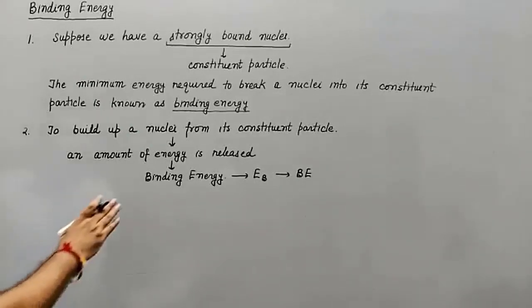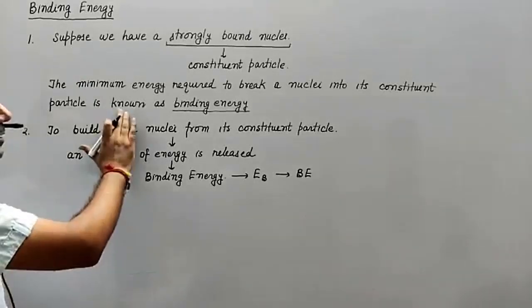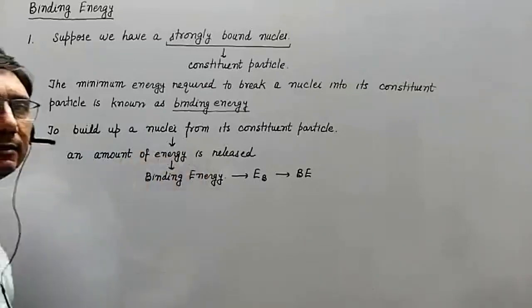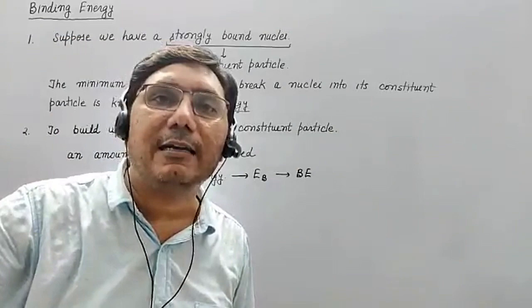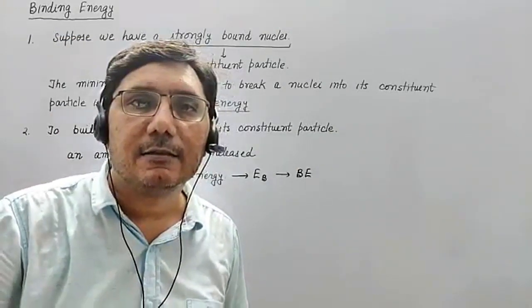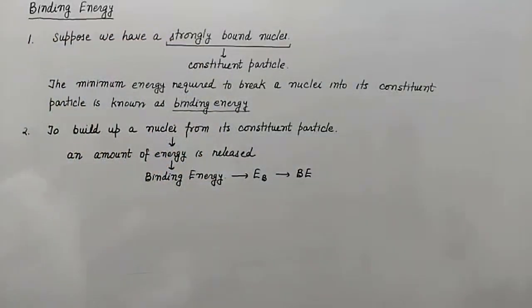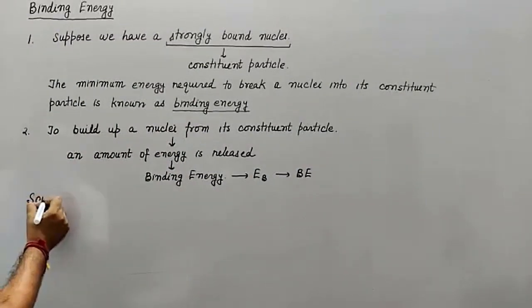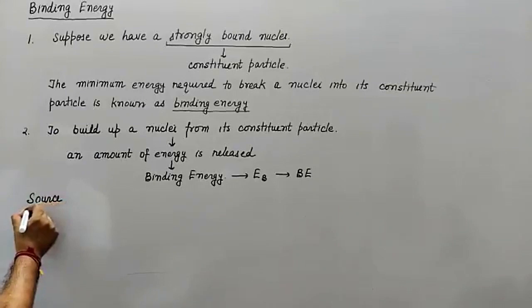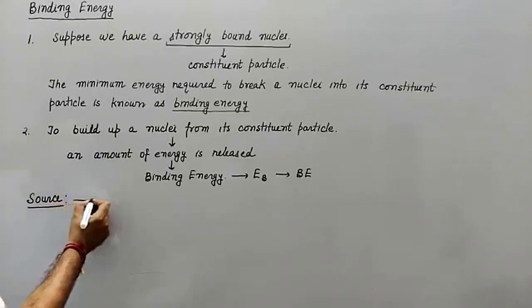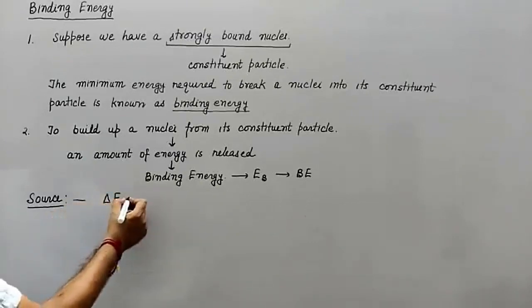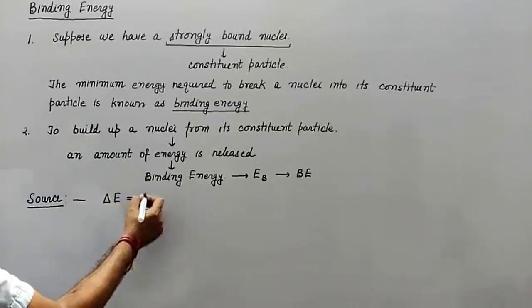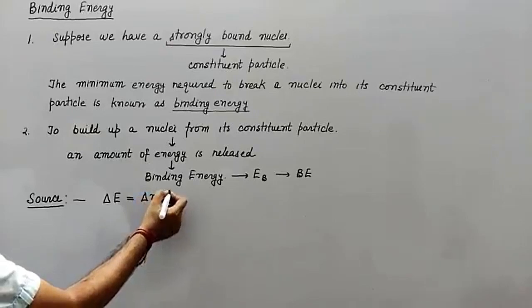Now the next question arises, what is the source of this binding energy? Why is this energy released when a nuclei is formed from its constituent particles? The answer lies in the energy-mass relation.